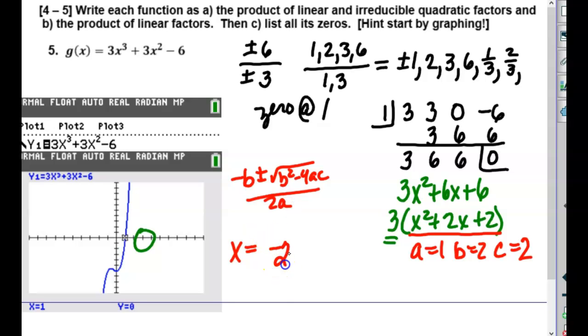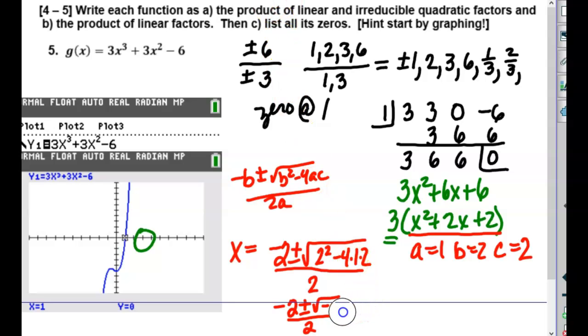Opposite of b would be negative 2 plus or minus, it's a positive 2 squared, so we really don't need parentheses if you don't want to use them. 4 times 1 times 2 all over 2, which is negative 2 plus or minus the square root of something over 2. It's negative 6. Someone else get that? 4 minus, I don't think so. I think it's negative 4, right? Isn't this 4 minus 8? No worries. I was going with it.